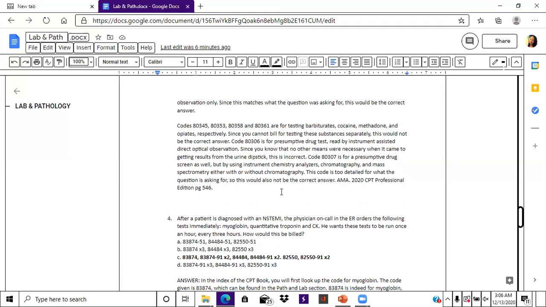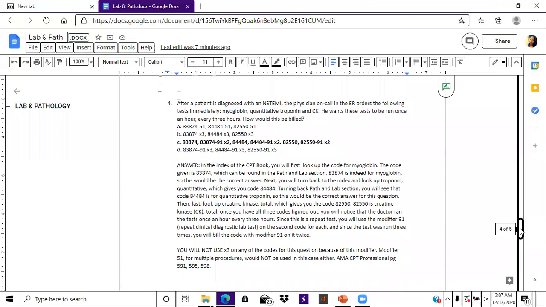Code 80307 is for a presumptive drug screen as well, but by using instrument chemistry analyzers, chromatography, and mass spectrometry, either with or without chromatography. This code is too detailed for what the question is asking, so this would also be incorrect. And you can look in your AMA 2020 CPT Professional book, page 546.